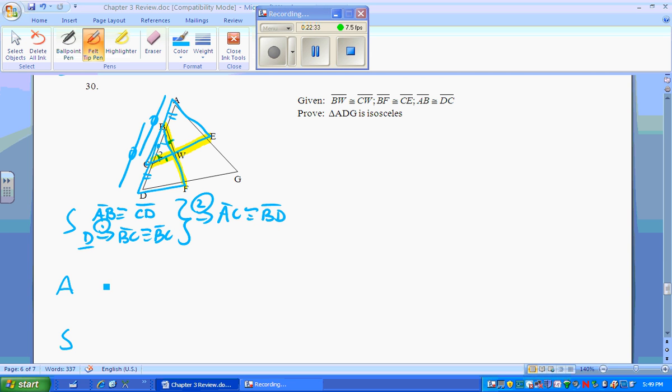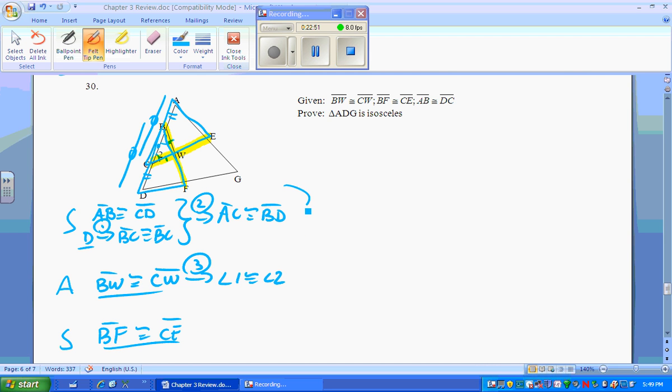The angle came from BW being congruent to CW: if sides, then angles 1 and 2 are congruent. And lastly, BF was congruent to CE. These three things together, reason 4, prove triangle ACE congruent to triangle DBF.